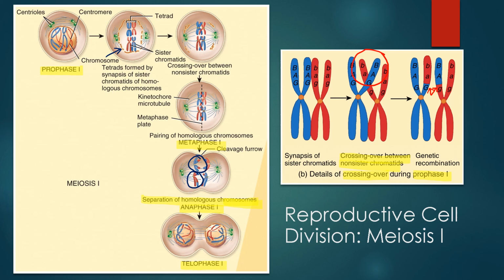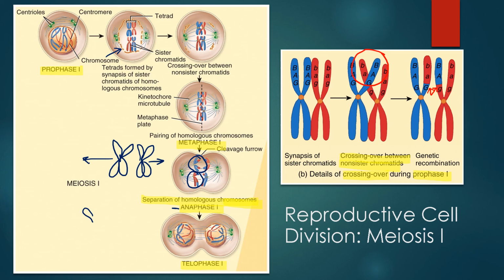This separation that we see here in anaphase 1 is actually different from mitosis. Remember, in mitosis, the centromeres split in anaphase and the sister chromatids separate. Here we have full bow tie chromosomes that will be pulled to each individual pole. So this one goes that way and that one gets pulled that way.